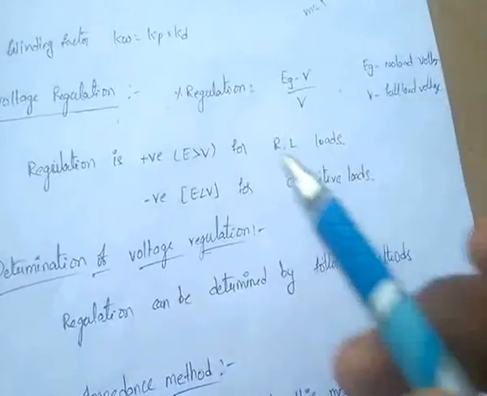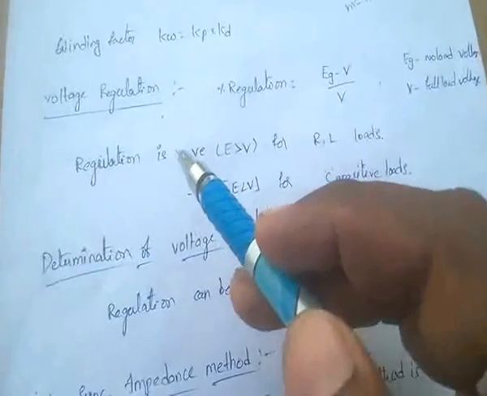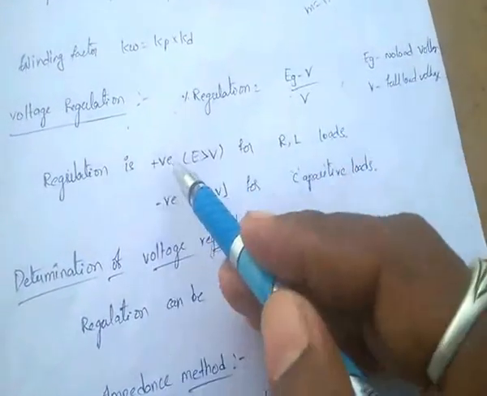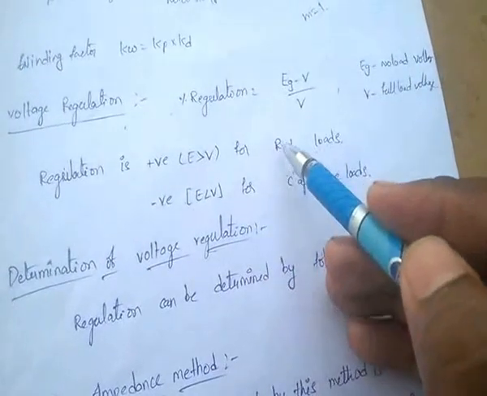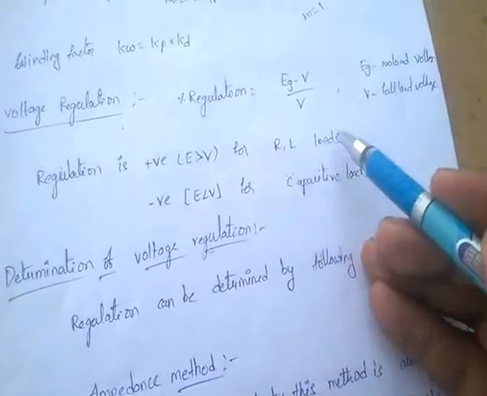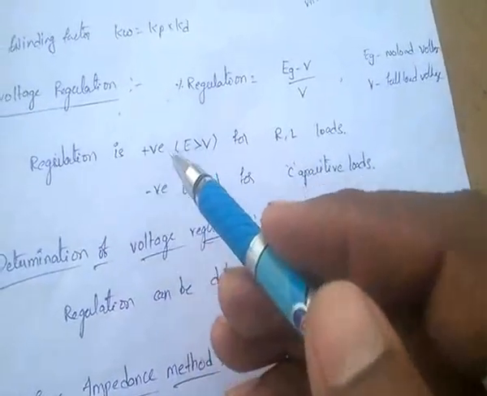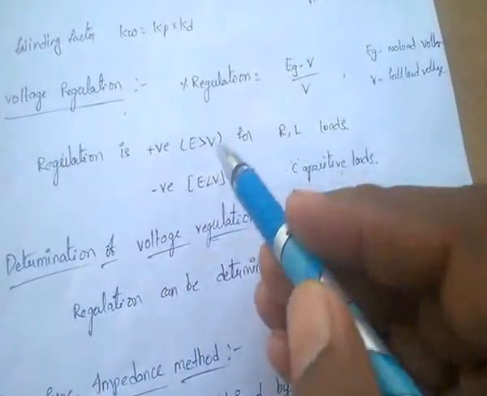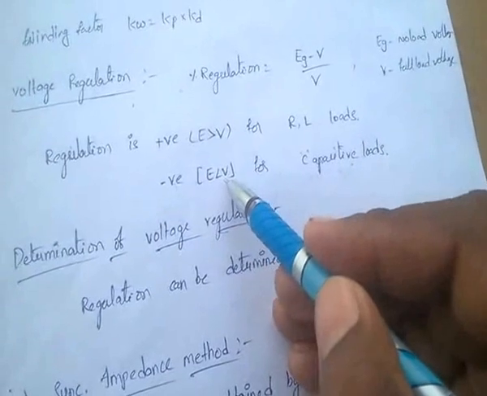This regulation is positive whenever E is greater than V. It is positive for resistive and inductive loads. Regulation is negative for capacitive loads, where E is less than V.